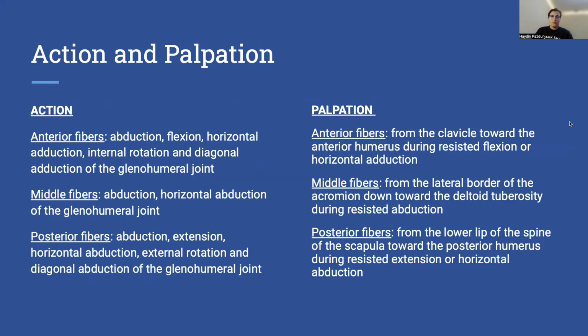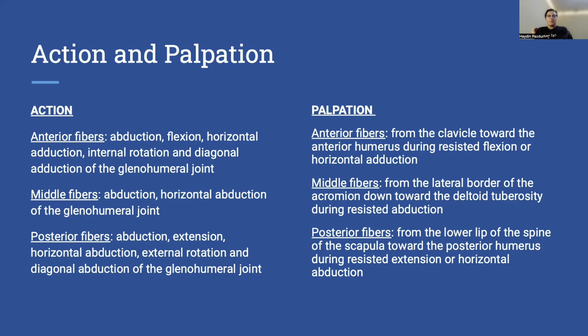Now, just like the origin, we have different actions and palpations for all 3 sections of the deltoid. The actions for the anterior fibers are abduction, flexion, horizontal adduction, internal rotation, and diagonal adduction of the glenohumeral joint.